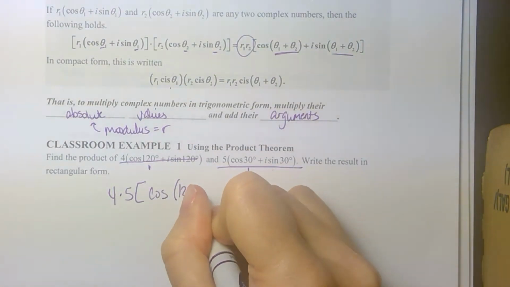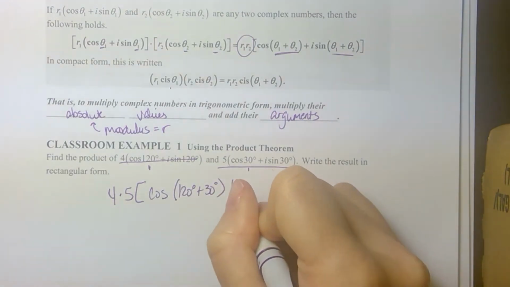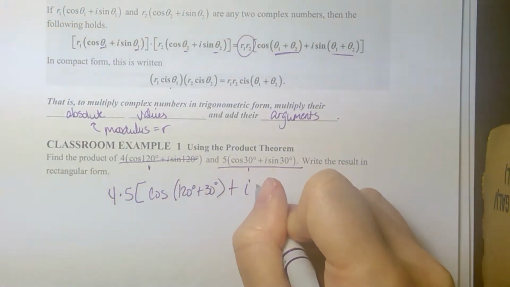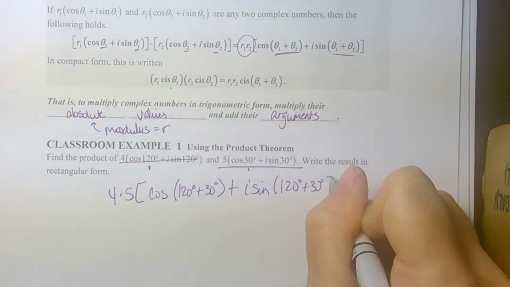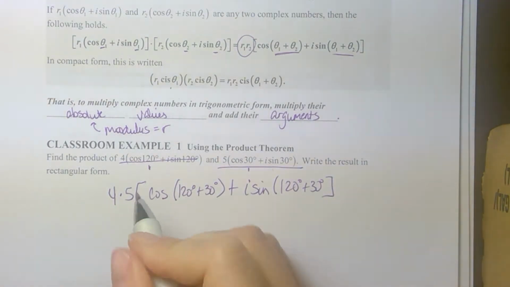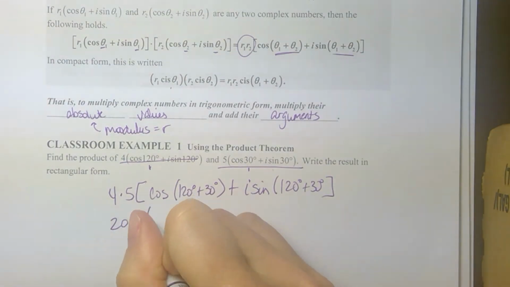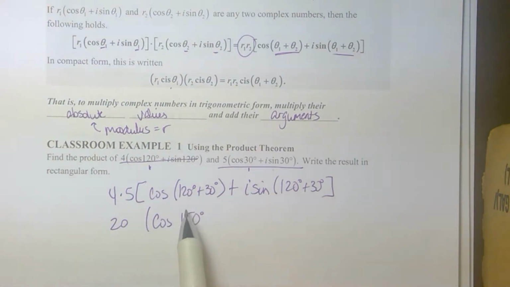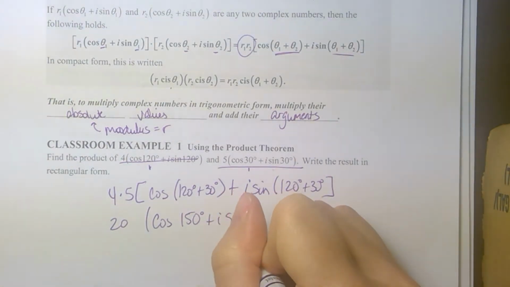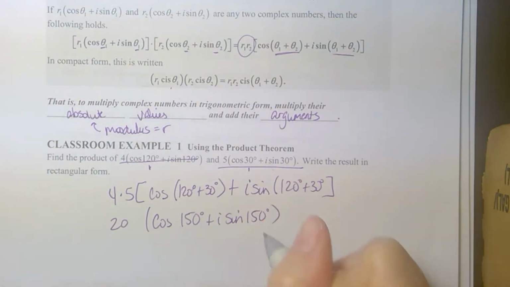So 120 plus 30 plus I sine of 120 plus 30. Well, 4 times 5 is 20. And then I've got cosine of 150, because 120 plus 30 is 150, plus I sine of 150.